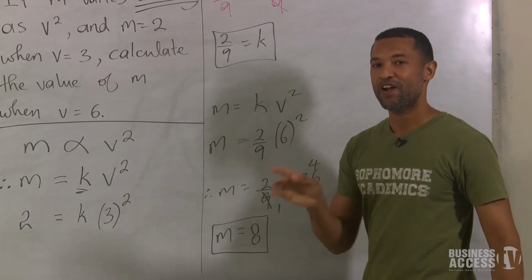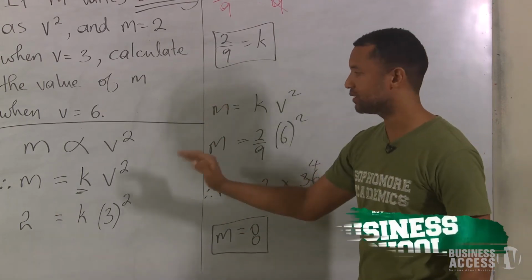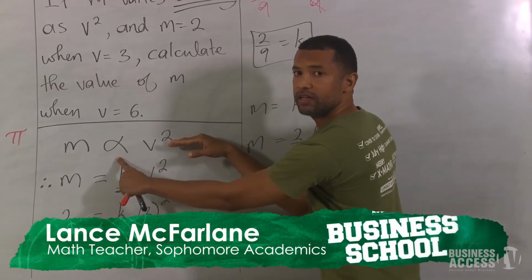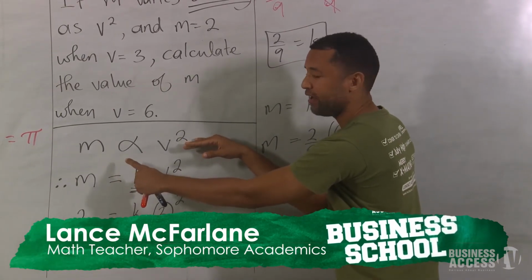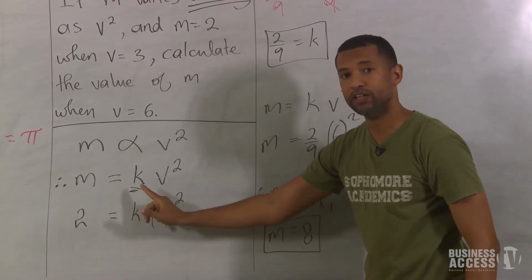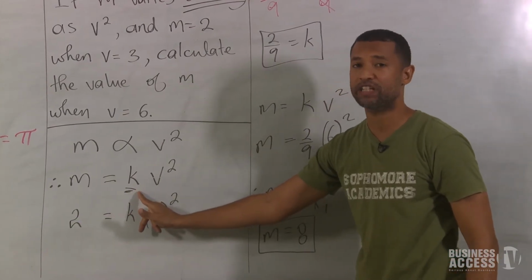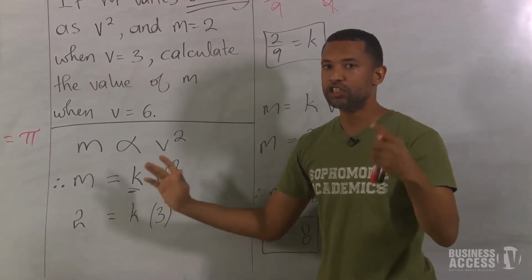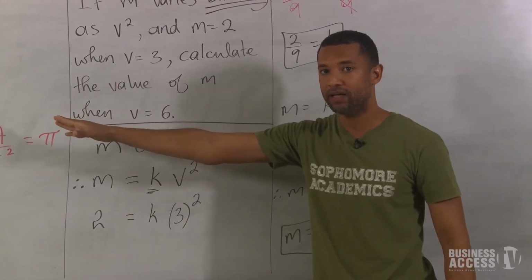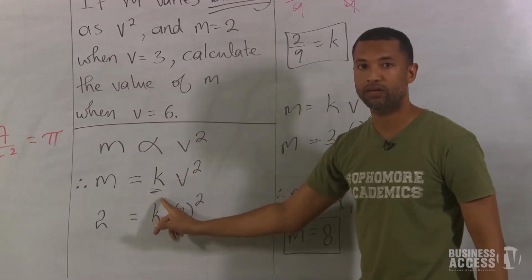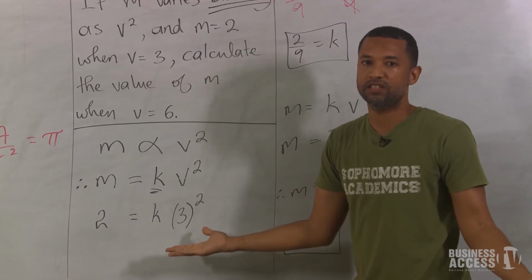Simple as that. Remember, the process is, write the statement, m directly proportional or varies directly as v squared. You turn that into the equation, you have to include the k, the constant of proportionality. You need to know the value of k, ladies and gents, just like we needed to know the value of pi. Without it, we can't solve the situation.